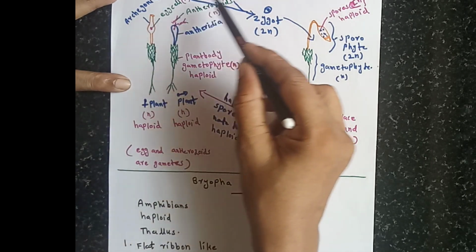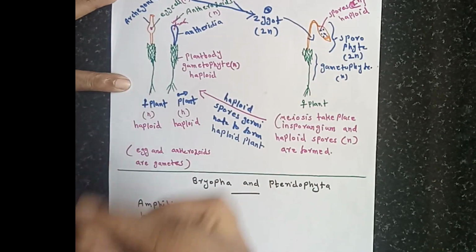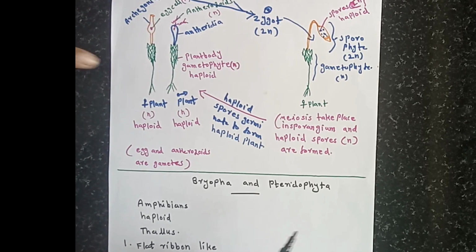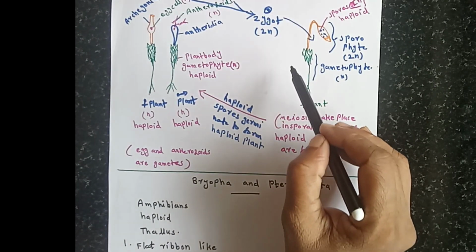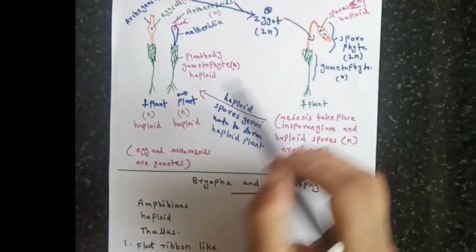This is the life cycle of Bryophyta. Here alternation of generation occurs. Bryophytes show alternation of generation, that is, in this life cycle the gametophytic stage alternates with the sporophytic stage.